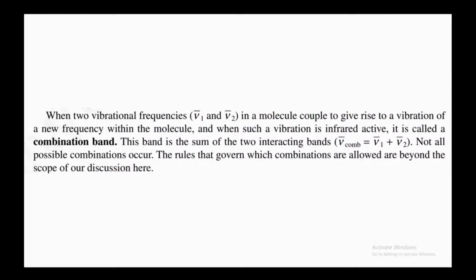So when two vibrational frequencies, nu1 and nu2, in a molecule couple to give rise to a vibration of a new frequency within the molecule, and when such a vibration is infrared active, it is called a combination band. It arises due to the combination of frequency 1 and frequency 2.